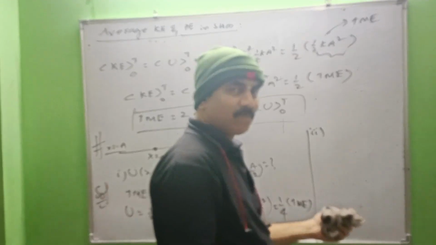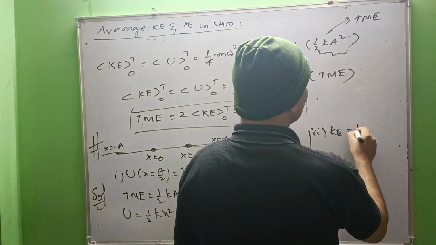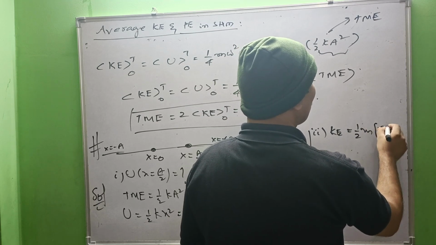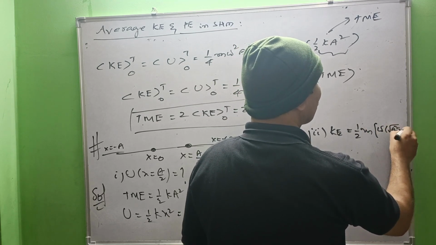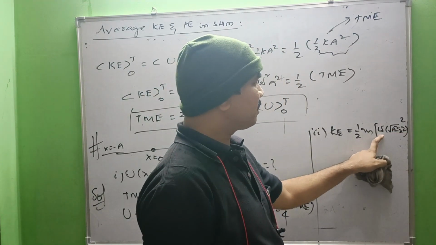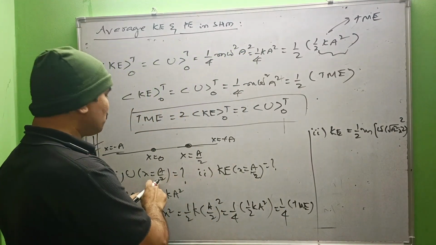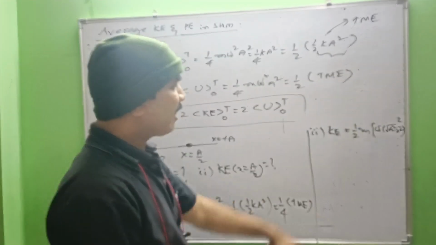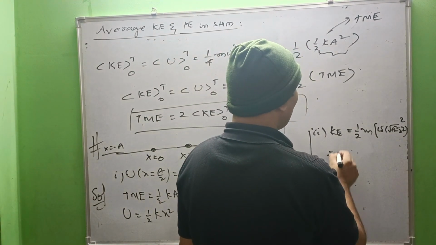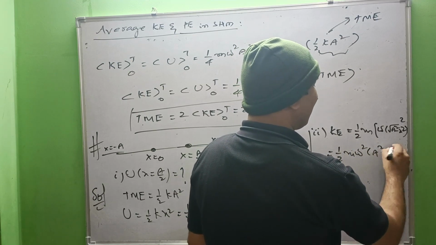The same can be proved like this. The kinetic energy is 1/2 m v square, where v means omega into root over A square minus x square. Why? Because you are given the position at which we need to find the kinetic energy, so we have to consider this expression. That is, kinetic energy equals 1/2 m omega square into A square minus x square.